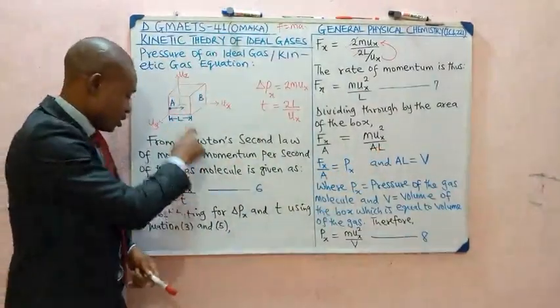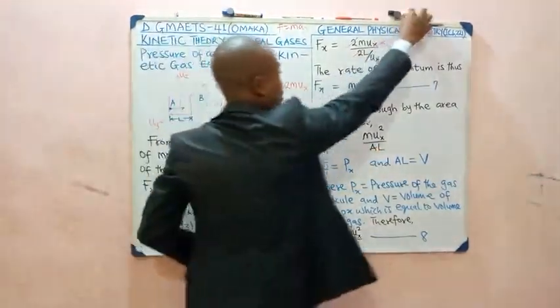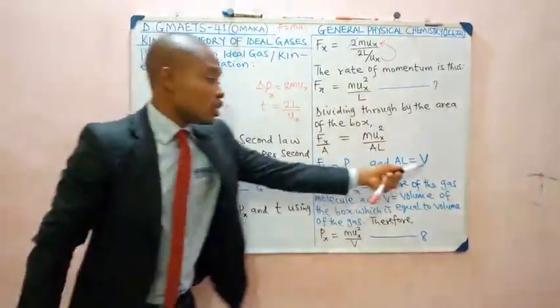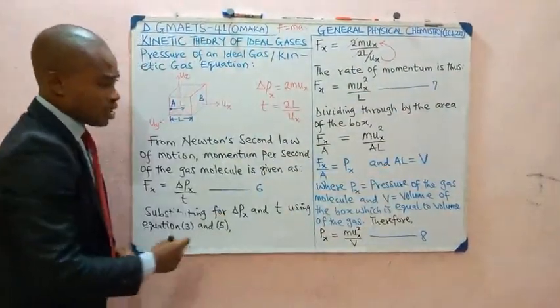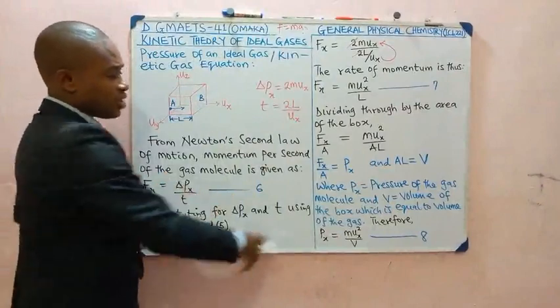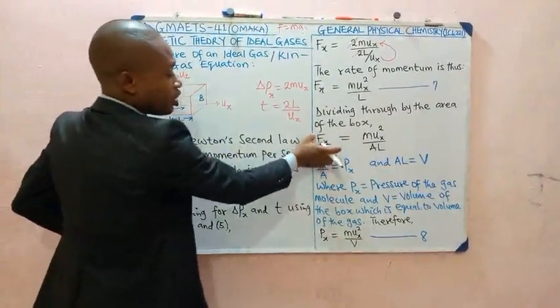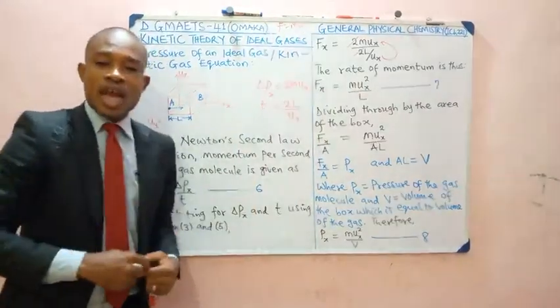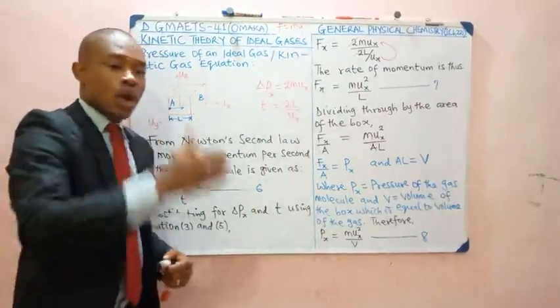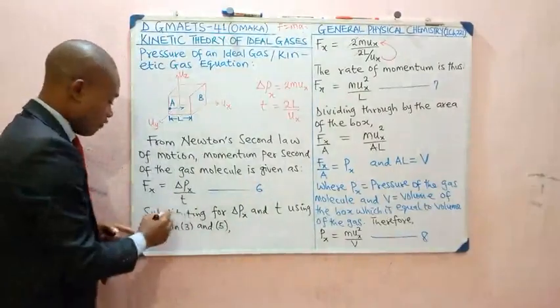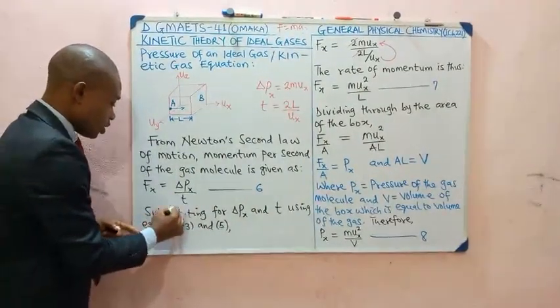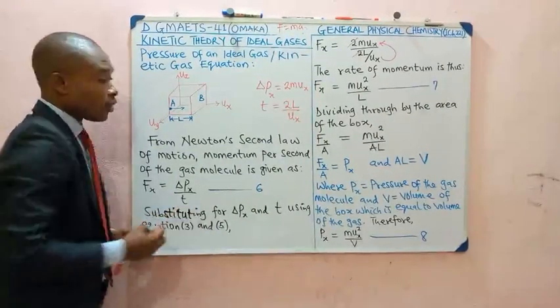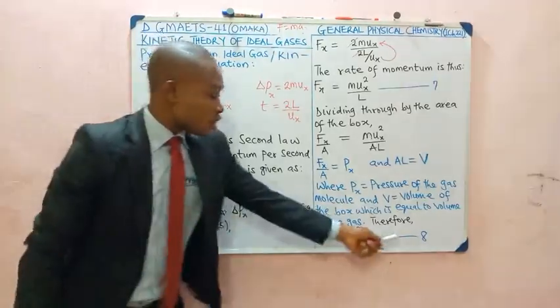So area times length is going to give us what? Volume. So this V is volume. So having said that, you can now rewrite this equation that pressure in the x direction is equal to the mass of the gas times the square of the velocity divided by what? Volume. This is substituting. And that is how we arrive at equation 8.